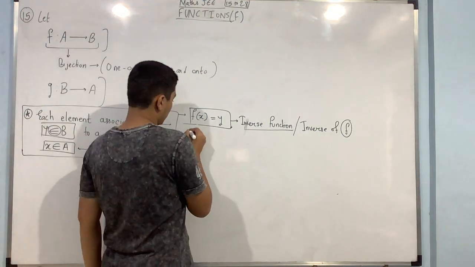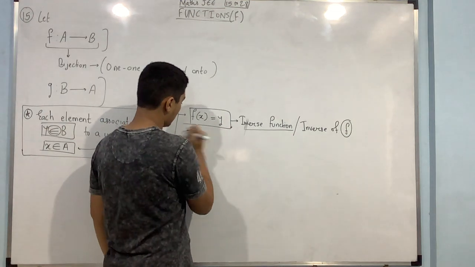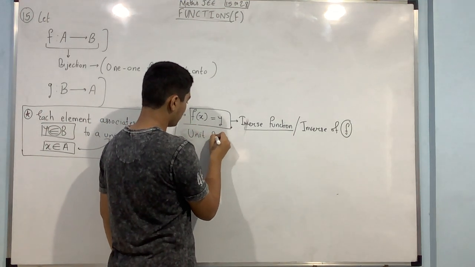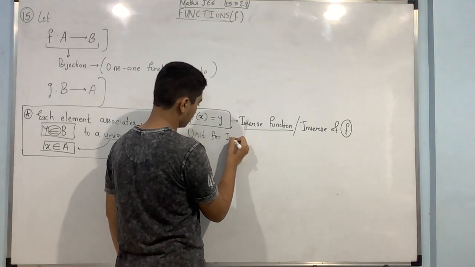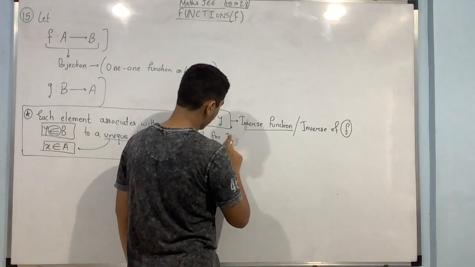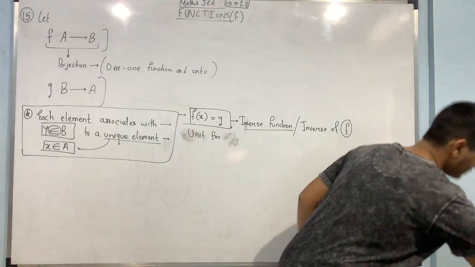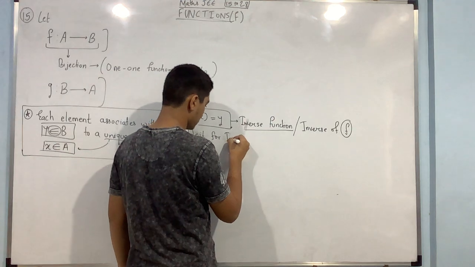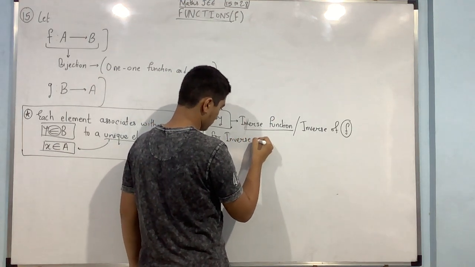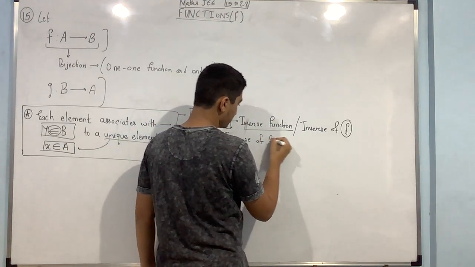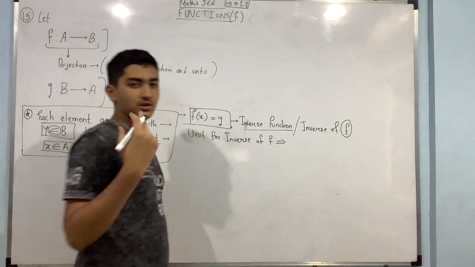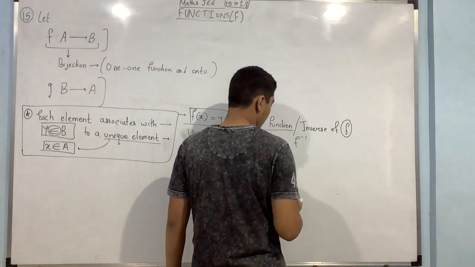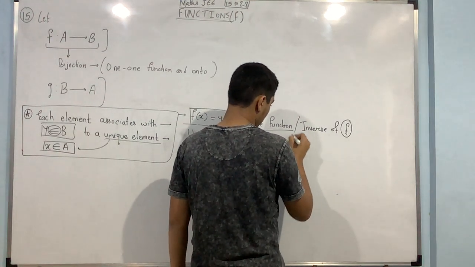Now see, inverse. The notation for the inverse of F is denoted by F raised to the power -1. Remember this symbol.